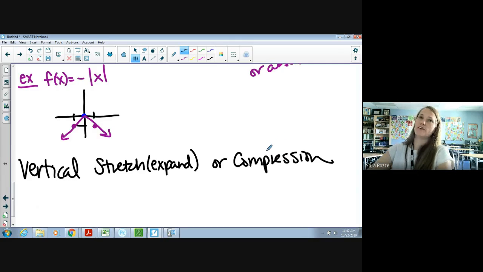And these are really fun to do. Not fun, I mean, I think they're fun to do with the absolute value. They're not quite as straightforward with your quadratic, but we'll get there in the next chapter. But I do want you to know how to graph them with the absolute value.